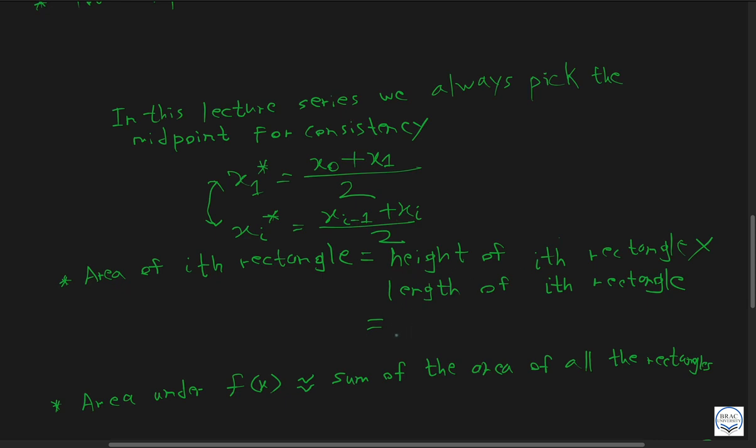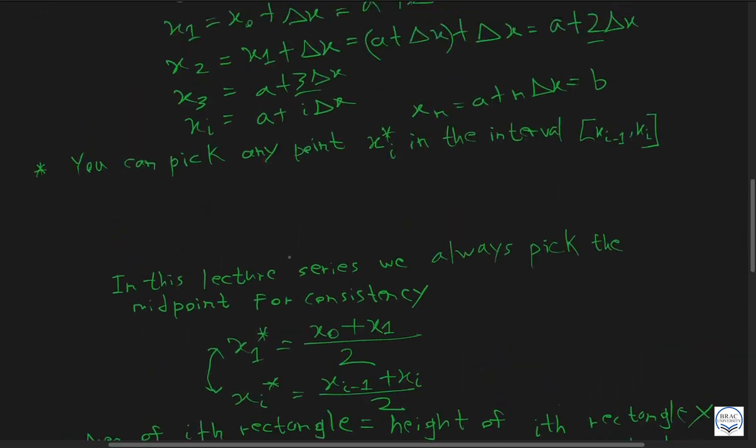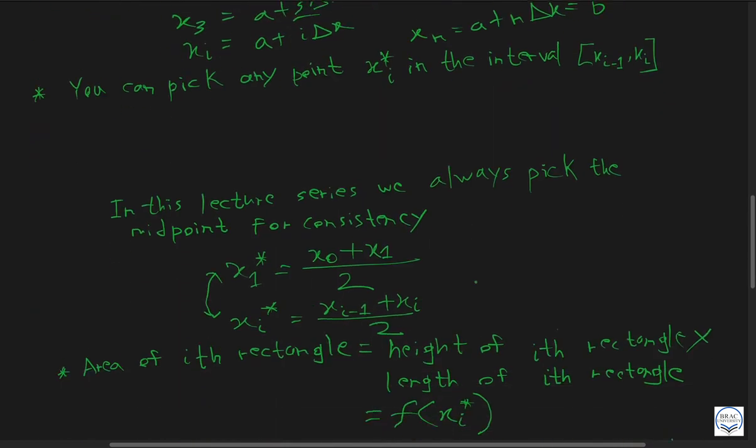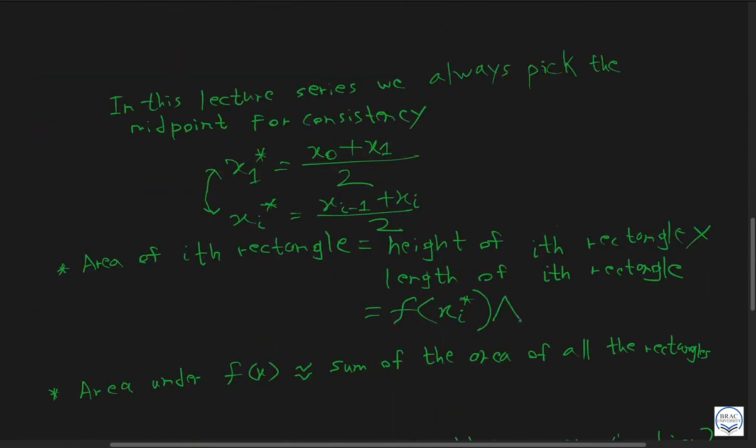Now, what is the area of the ith rectangle? We have the height of the ith rectangle, which is the value of the function evaluated at the ith midpoint, xi star, multiplied by the width of the rectangle, which is delta x. For all of these rectangles, the width is delta x.